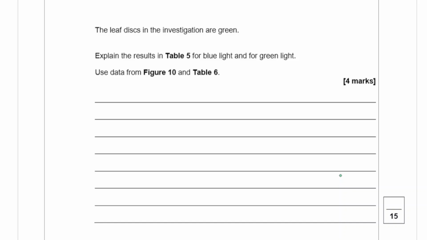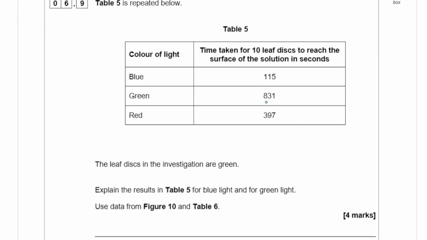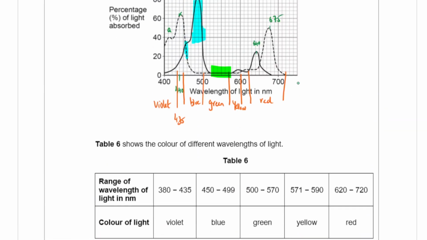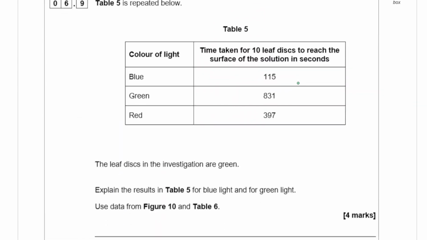The leaf discs in the investigation are green, which explains this. The time it took for the 10 leaf discs to rise to the surface is 831 seconds, whereas for blue light it was the lowest. So the rate of photosynthesis was highest here because the percentage of light absorbed by chlorophyll B is higher during blue light. So chlorophyll B is working at maximum here.